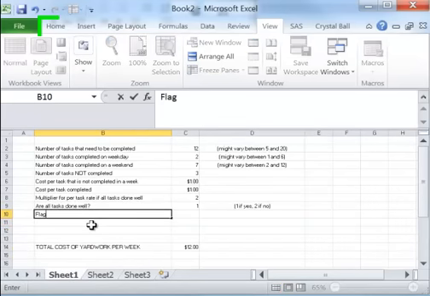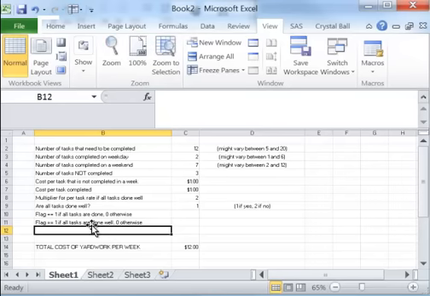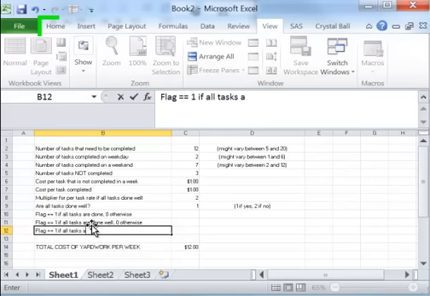Flag, and what I mean by this is a binary variable that's going to be set equal to 1 if all tasks are done, 0 otherwise, and a second flag, which is equal to 1 if all tasks are done well, 0 otherwise, and then this last flag, which is going to multiply these two, which is equal to 1 if all tasks are done and done well, 0 otherwise.